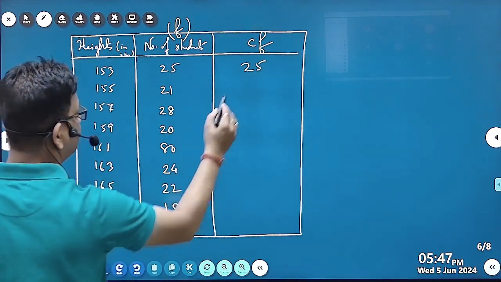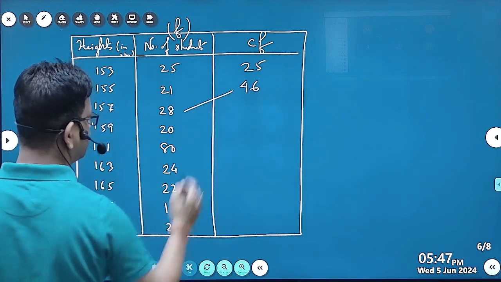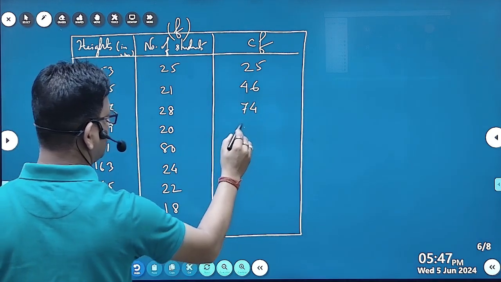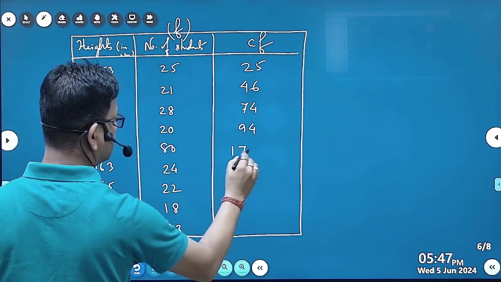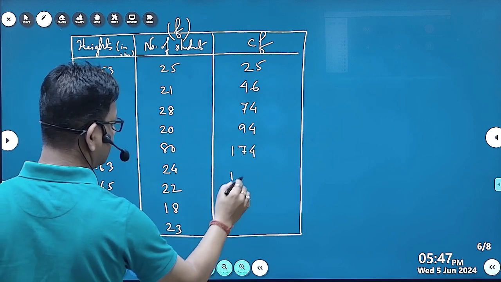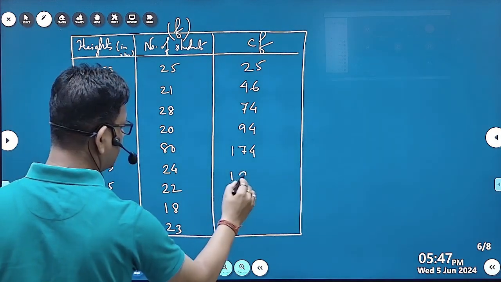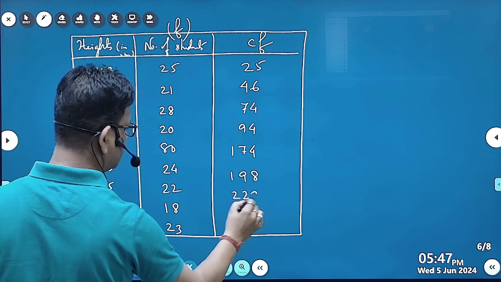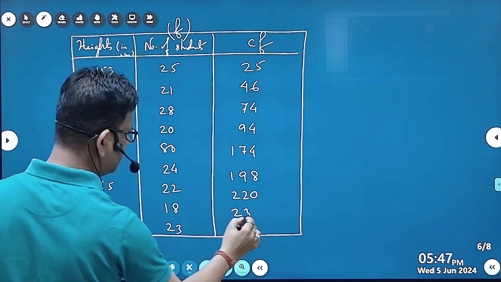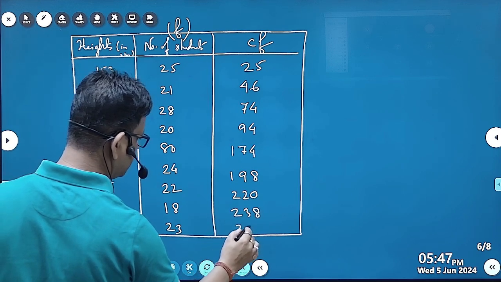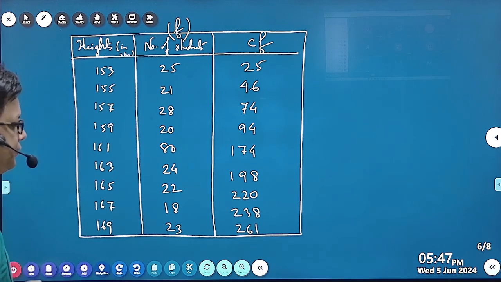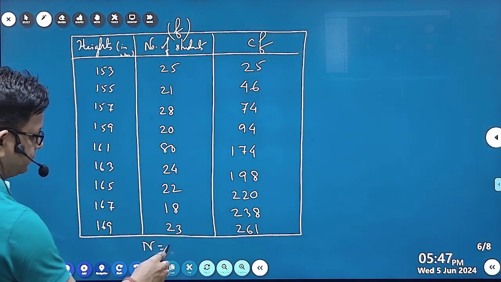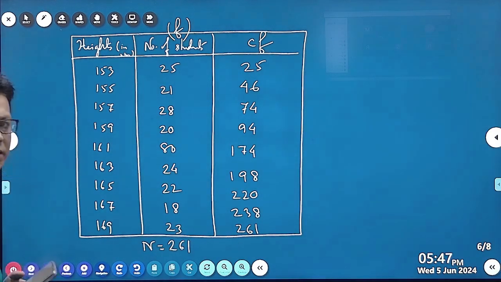So it will be 46, then 74, 94, 100, 190, 198, then 220, okay, then 238, and finally 261. Now, if you see, this is also 261 only, yes or no?